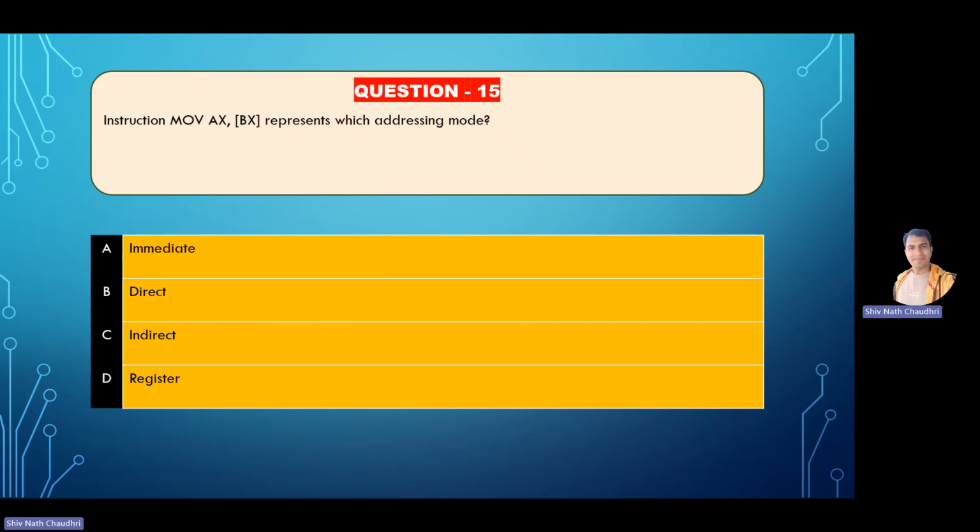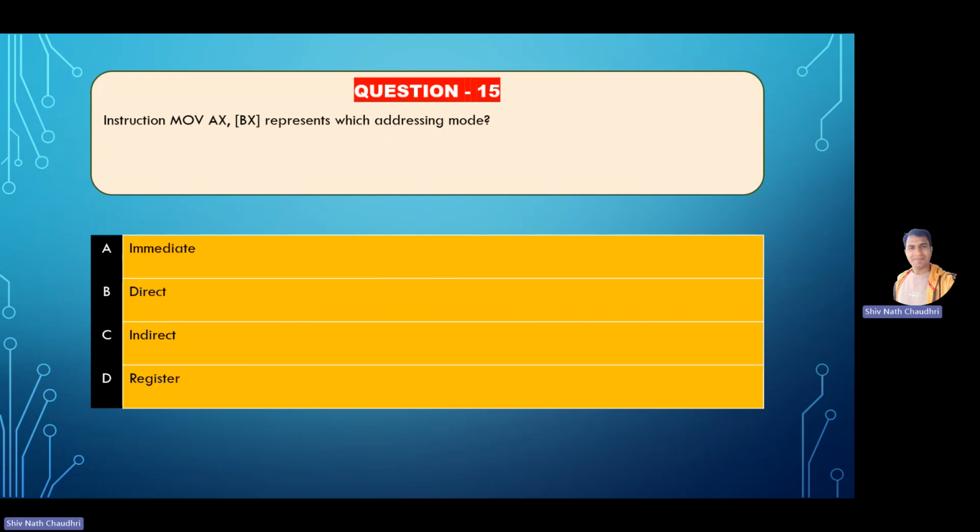So which addressing mode? Immediate addressing mode means data is given directly in the instruction. Direct addressing mode means the address is given directly in the instruction. Then indirect mode and register mode. If MOV AX, BX is there, then we can say this is register mode because source and destination are both registers.